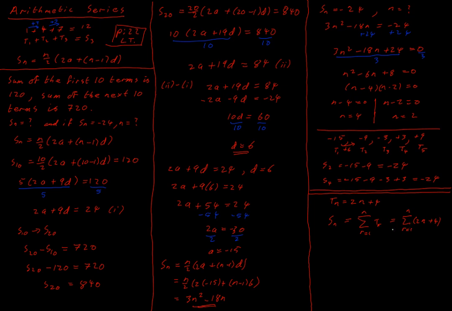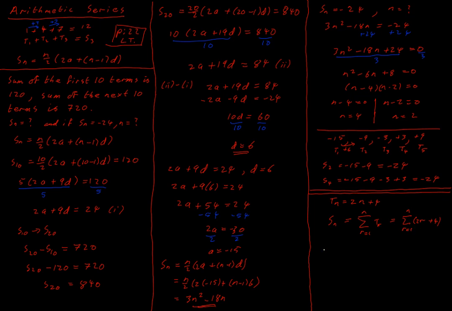So this means, to read it out in English, start at r is 1. So we have our pattern is 2r plus 4 is our Tr instead of Tn. So start at r is 1, and add up all of the terms until you get to n.